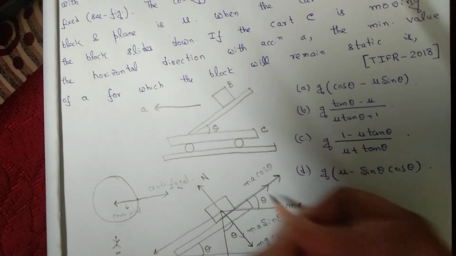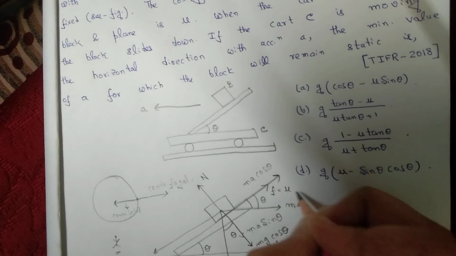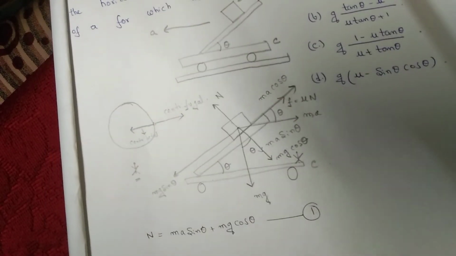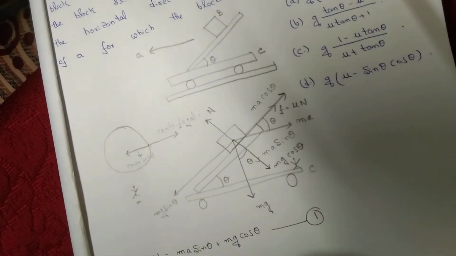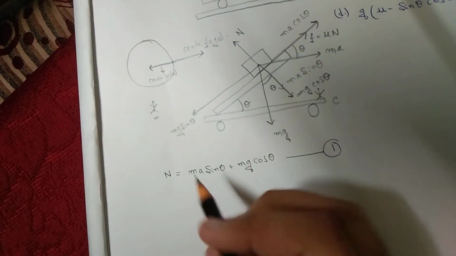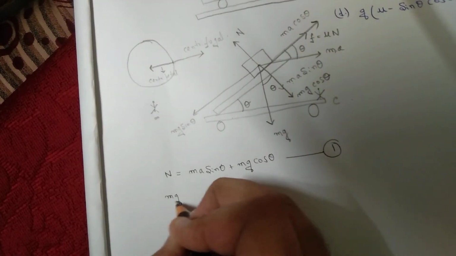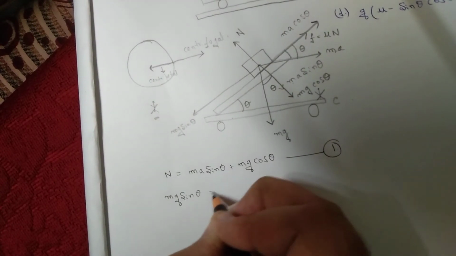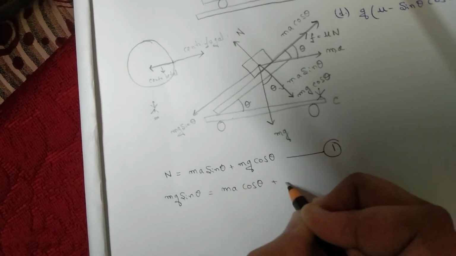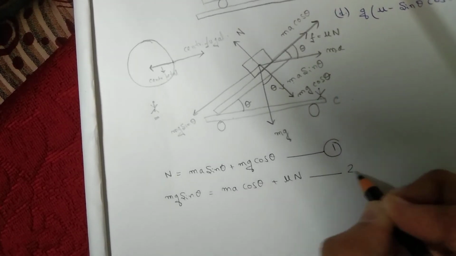That is, there's a frictional force which is given by mu N. So for the second one, it is mg sine of theta equals ma cosine of theta plus mu N.